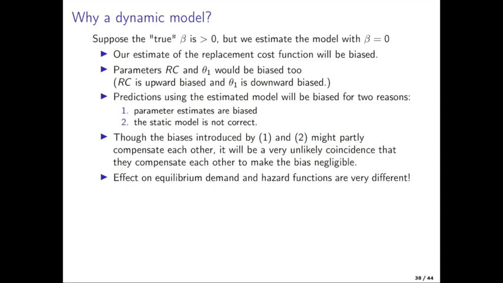There's a very cool paper by Oystein Daljord and Jaap Abbring in QE, Quantitative Economics, that deals exactly with this, and they use exclusion restrictions to identify that parameter. So they need variables that affect only future utility but not current utility, or vice versa, to identify the discount factor. Makes a lot of sense, of course.